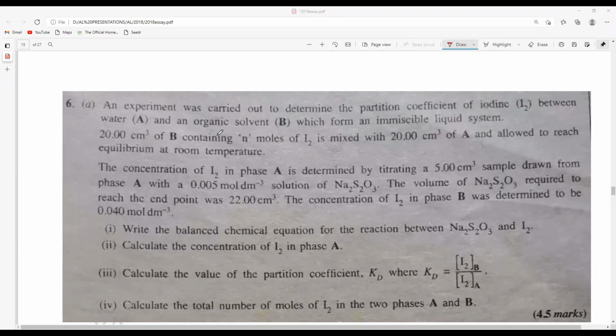So 20 cubic centimeter of B, which is our organic solvent, containing n moles of I2 is mixed with 20 cubic centimeter of A and allowed to reach equilibrium. So basically, we will have 20 cubic centimeter of B and 20 cubic centimeter of A, right?